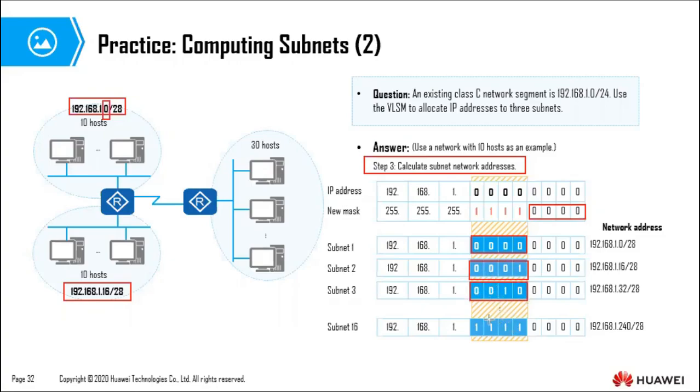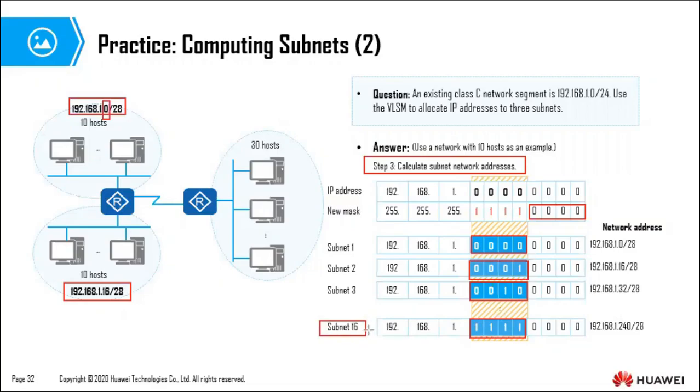Are you getting that? Alternatively, once you have the number of hosts, which you know is 16, as we said, you can just add. Are we together? You can add 16, 16, 16 to get the network address of each subnet. We've already found that we are going to have 16 subnets, right?